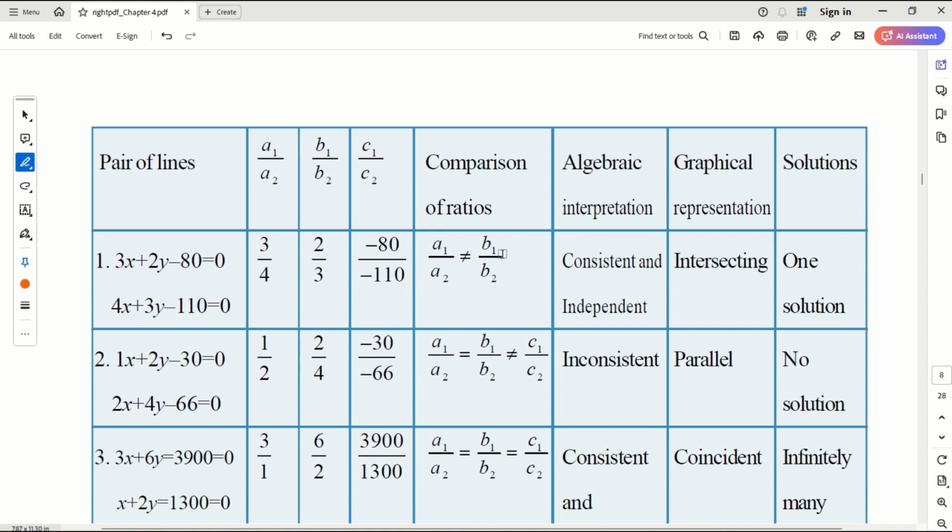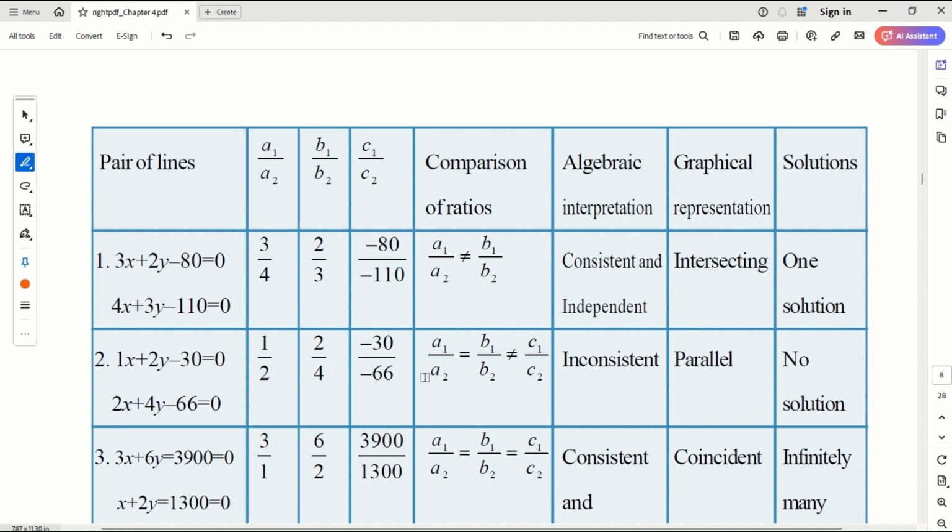So A1 by A2 is not equal to B1 by B2, and we are calling this a consistent and independent solution. In the graph, we saw that the lines are intersecting and they have one solution. So the observation is A1 by A2 is not equal to B1 by B2.